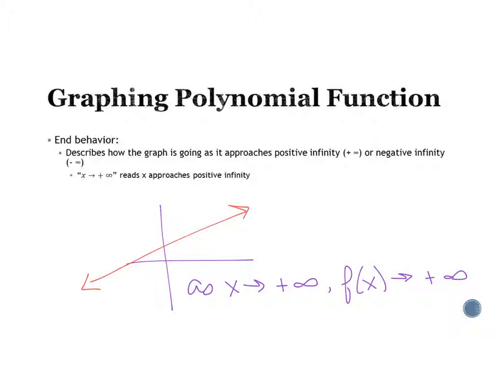And then our other one is going to be as x approaches negative infinity. So as we come this way on our x-axis, what's my graph doing? Where's it going for the y values? For the y values, it's headed towards negative infinity. So f of x approaches negative infinity. It's all based on where x is going. So you always start with your x.